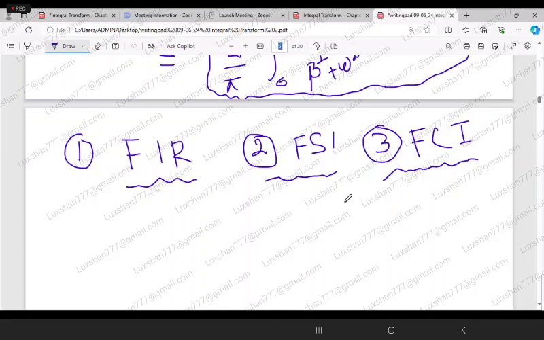Remember, the function need not be odd or even to find Fourier sine integral as well as Fourier cosine integral. Okay, so we can find Fourier sine integral and cosine integral for any function, when the domain is 0 to infinity.